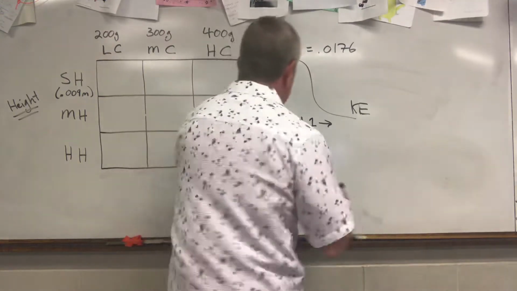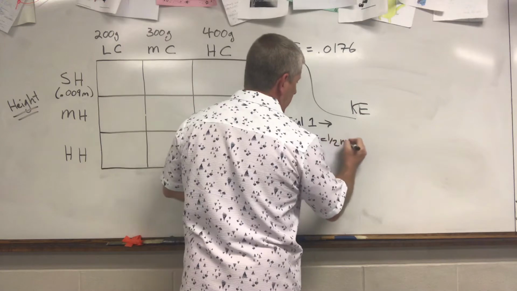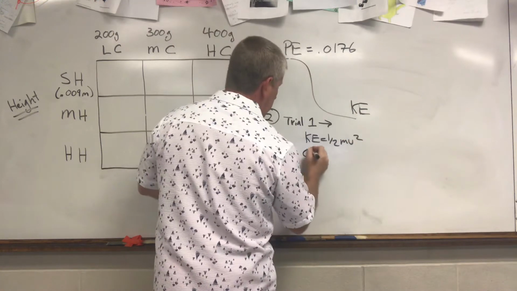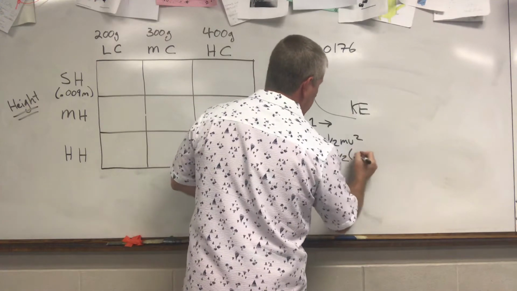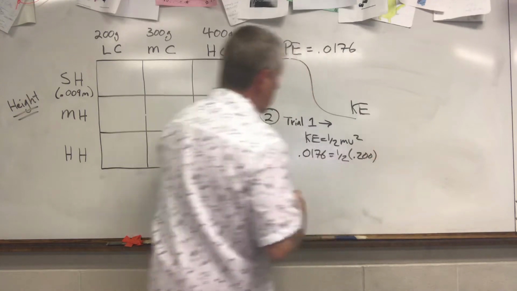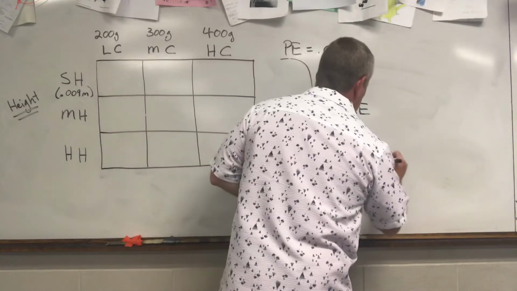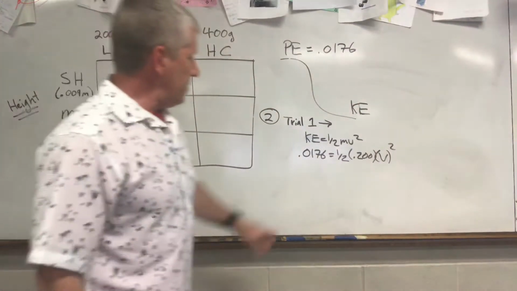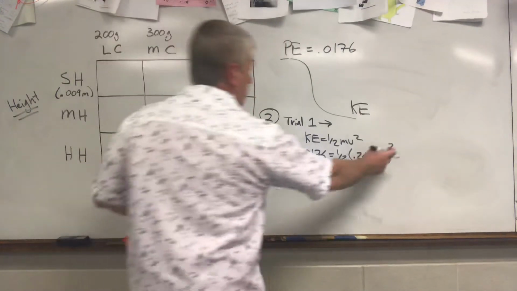So let's write out the kinetic energy equation. Kinetic energy is 1/2 mv squared. So KE is the PE: 0.0176 equals 1/2 times the mass of the cart, which was 0.200 for the first 3 trials. Then I'm going to solve for the velocity. I'm going to multiply this by 2, divide by 0.2, take the square root.